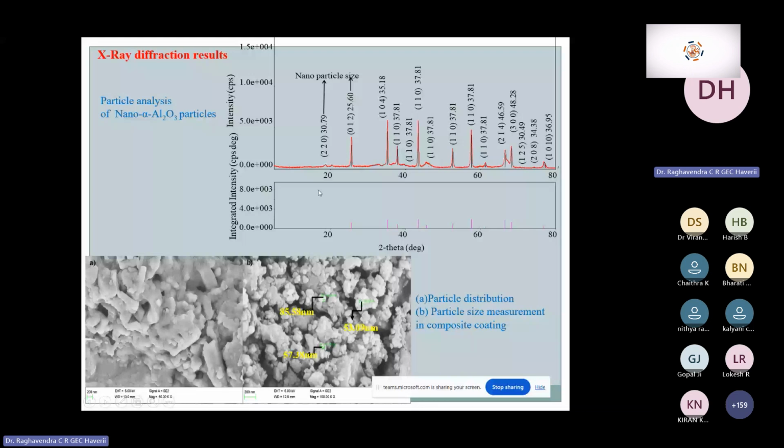Now the two images given here show the particle size measurements in the composite coating. This particle distribution is what we have shown for the powders, whereas figure B tells us the size of the particles after the coating, which has been found to be 85.58 nanometers, 53.0 nanometers and 57.